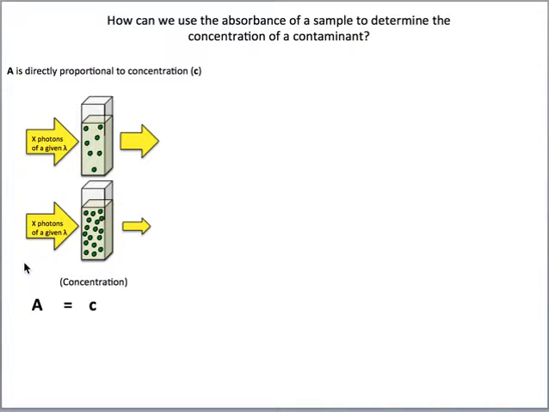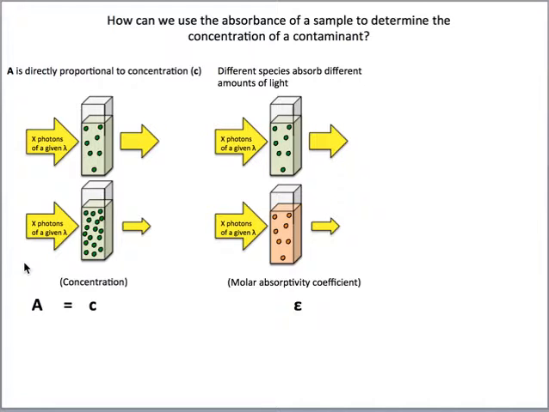There are two other factors that we have to consider that will affect the absorbance. One of those is called the molar absorptivity coefficient. The molar absorptivity coefficient is a factor that takes into account the fact that different species are inherently different and will therefore absorb different amounts of light. Each species has its own absorptivity coefficient that is unique to it.